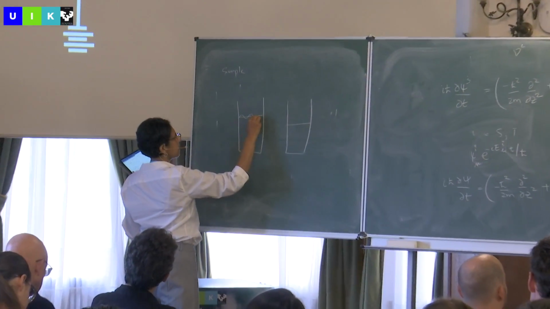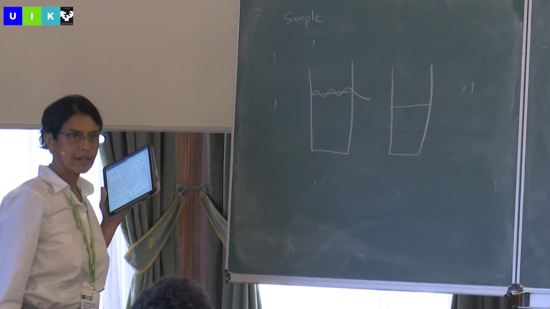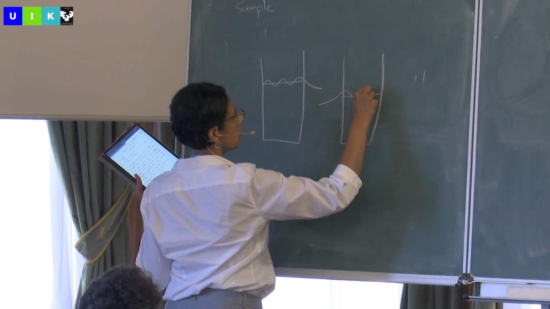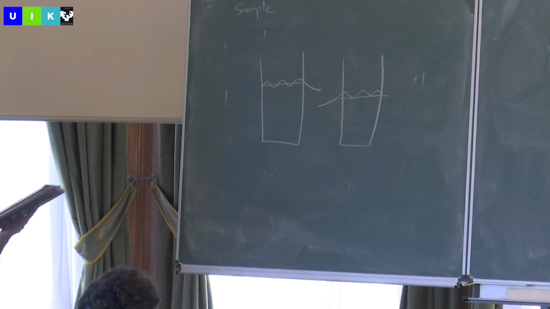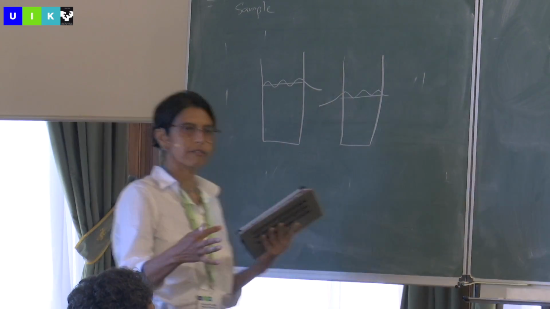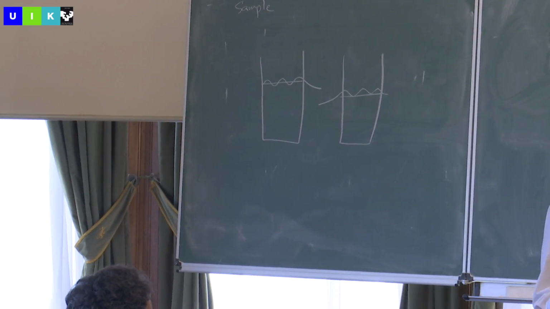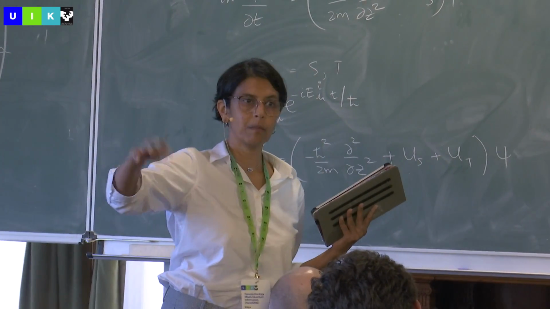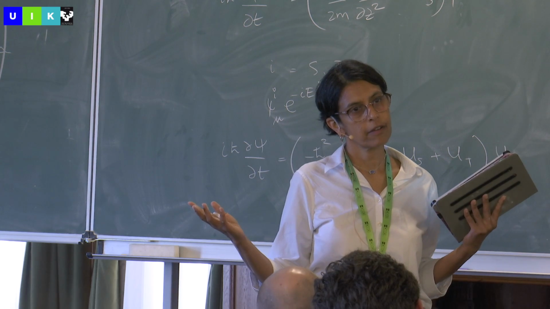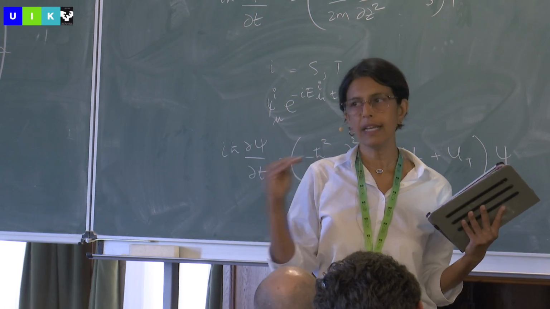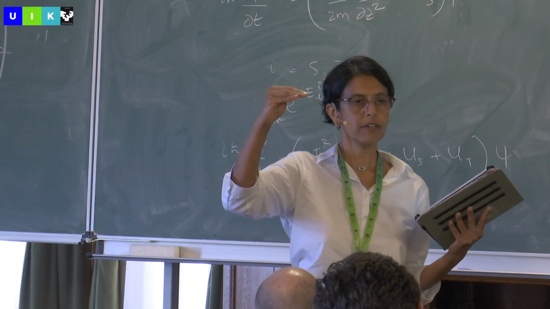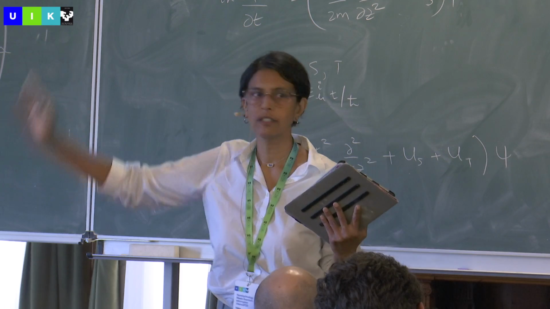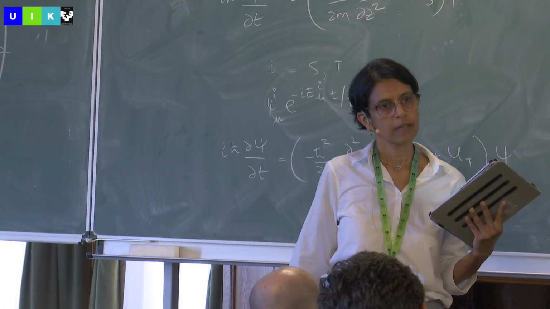Your sample states do that, and your tip states also. These states are any state that comes to the surface. These could be surface states of the sample. These could be bulk states that come to the surface and decay into vacuum. We'll measure all of it. All we need is for the state to come to the surface and decay into vacuum. Once there's a state that shows up at the surface and decays into vacuum, we'll measure it. Yeah, okay, thank you.